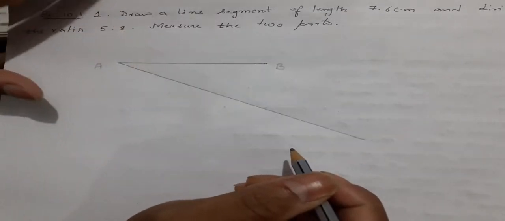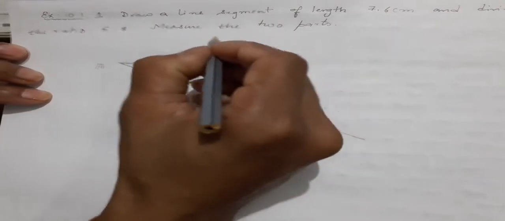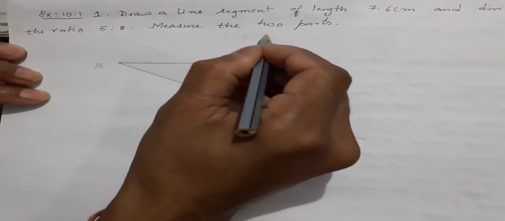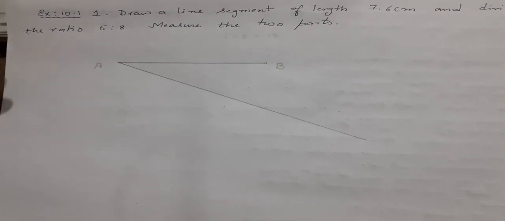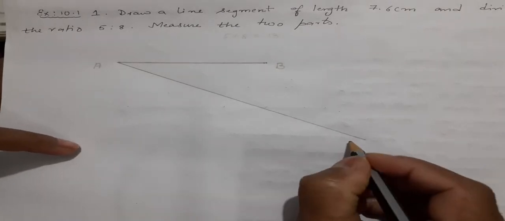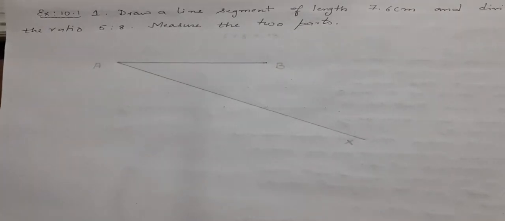The ratios are 5 and 8, so you're going to add 5 plus 8 will be 13. Okay, so what is the next step? In the next step, I need to cut the line AX into 13 equal parts.